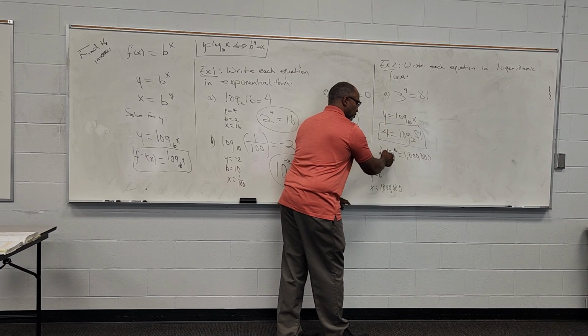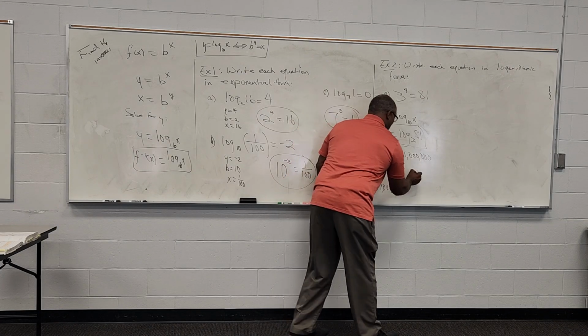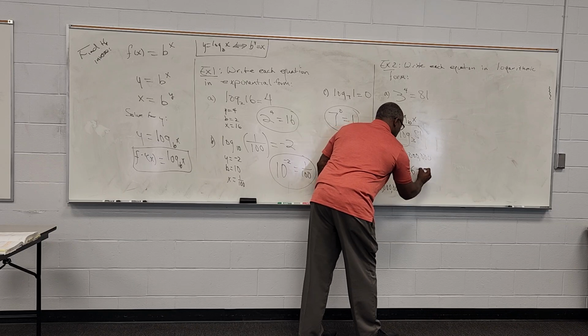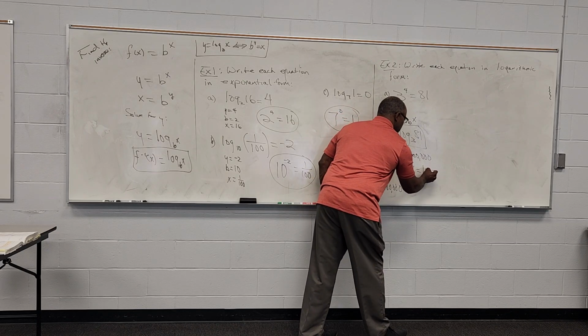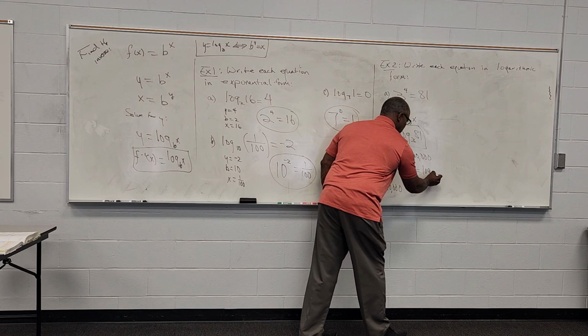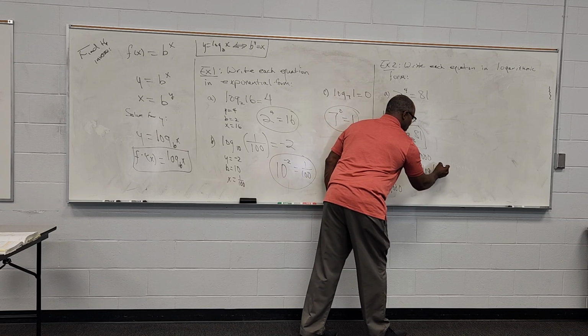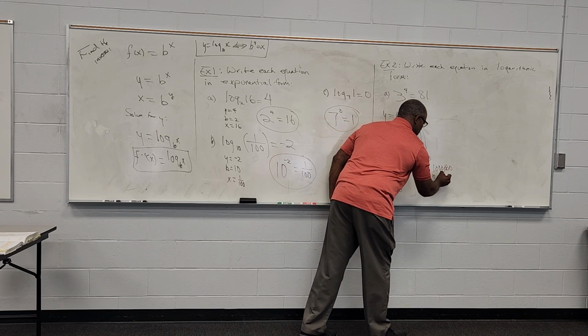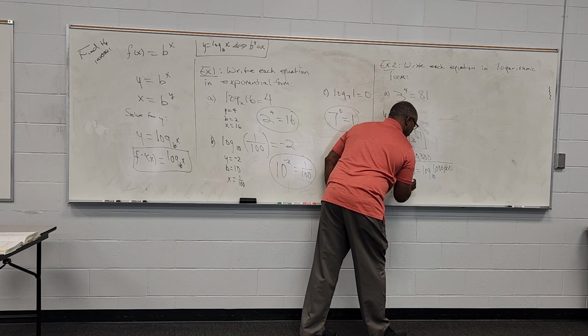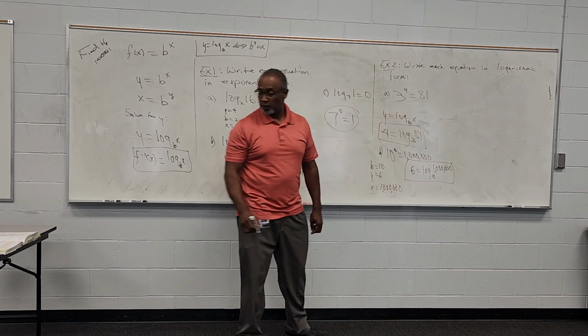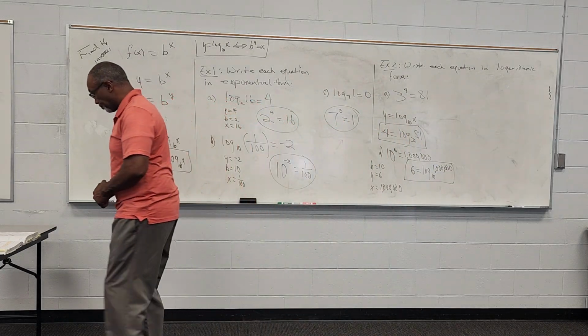All right? B to the y equals x. So now 6 equals log to the base 10 of a million. That would be my equivalent log form.